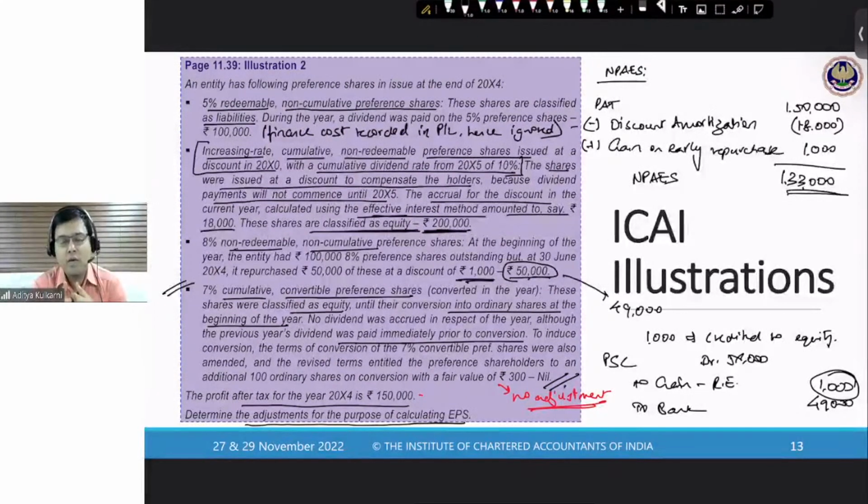The premium will go to finance cost on early redemption or conversion both. If it is classified as equity, the premium on redemption will go under other equity. That's it. So that was how it was. In this case, we have done it based on what the study material guidance says. So we stick to that and answer in that manner.